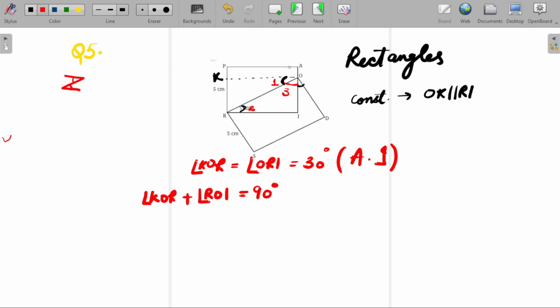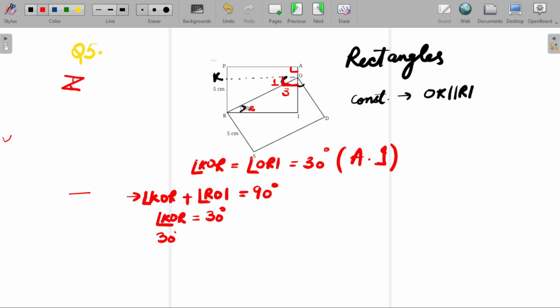As you know, this is also 90 because they are rectangles, and if this line is parallel, the whole angle will also be 90 degrees. So angle 1 plus angle 3 is 90 degrees. From here we can easily find angle ROI, right?